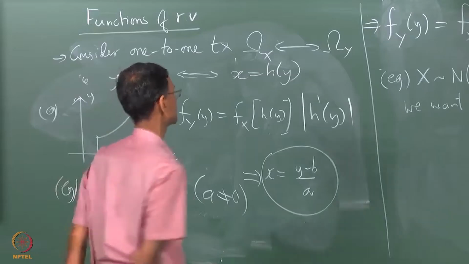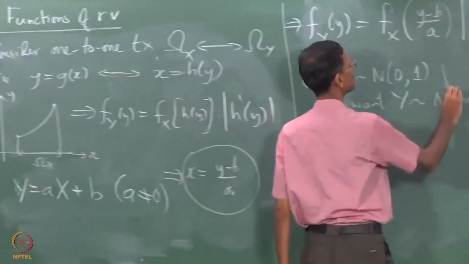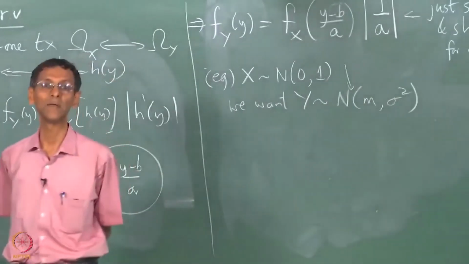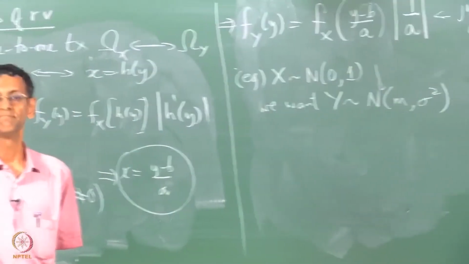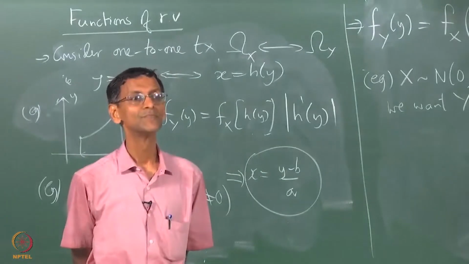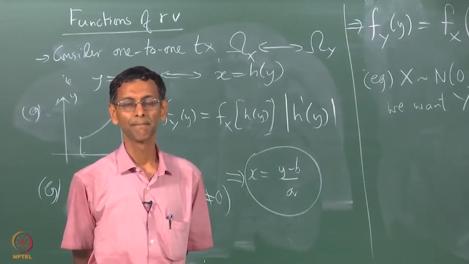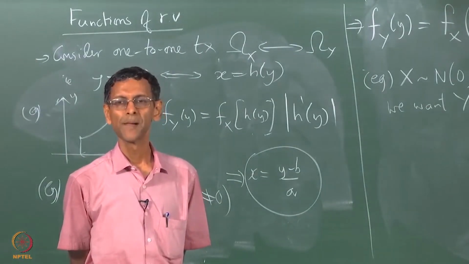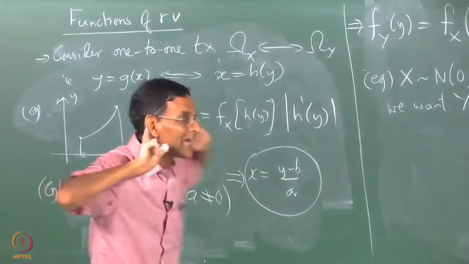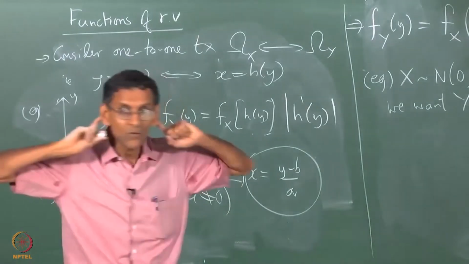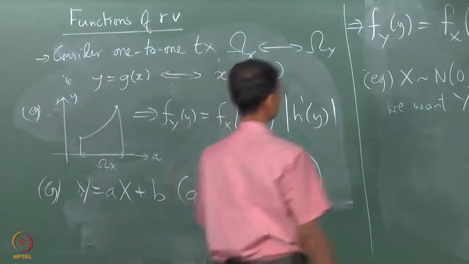So if you want to go from this to this, what should a be, what should b be? Think about it and tell me. a equal to sigma, and b equal to m, correct.